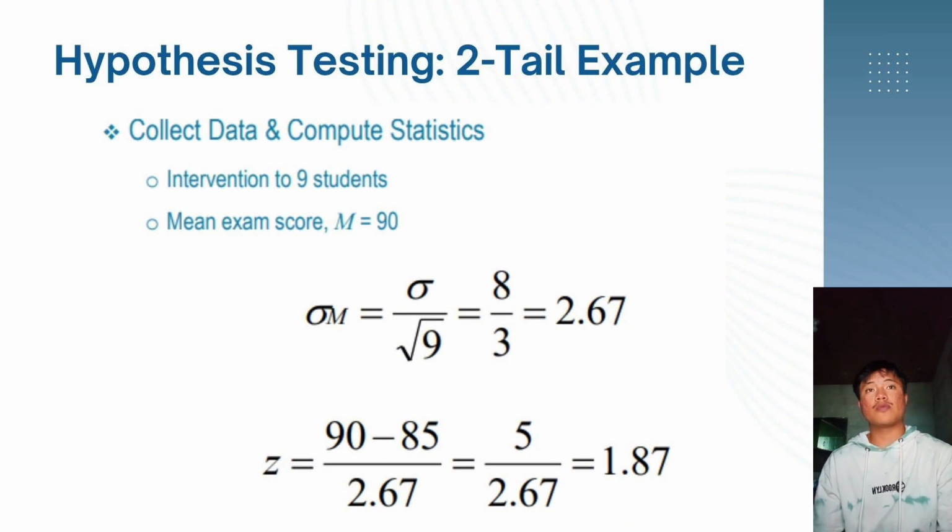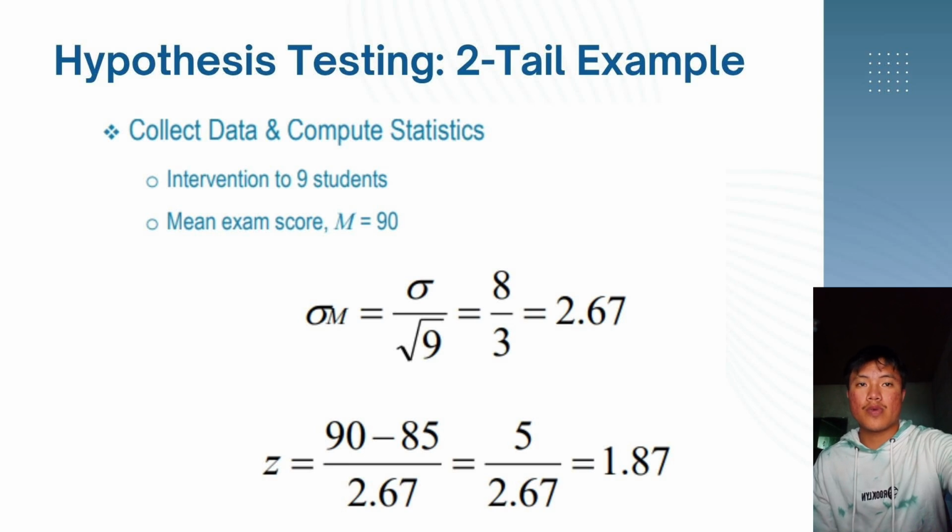Hypothesis testing two-tail example. So collect data and compute statistics: an intervention was given to 9 students, and the mean exam score is M equals 90. To provide this answer, we have to compute the given example here.